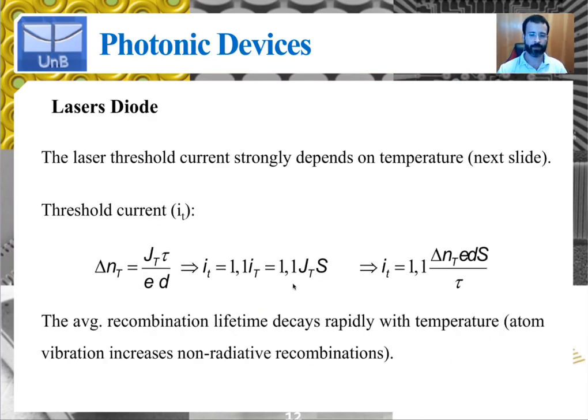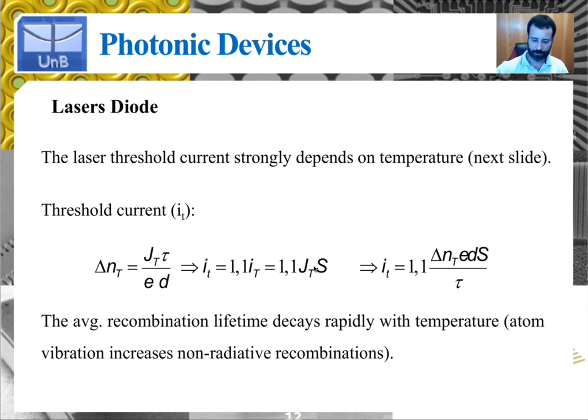But the threshold current has a very strong dependence on the temperature, and we can grasp this by taking a look at the equation for the threshold current that we've just seen. So I_T is equal to 1.1 times I capital T, the transparency current, and we can write the transparency current as a product of the transparency current density, per square centimeter, multiplied by the cross-sectional area.